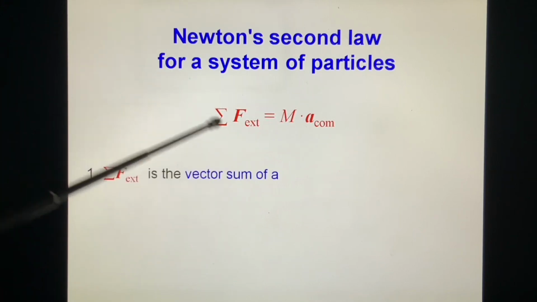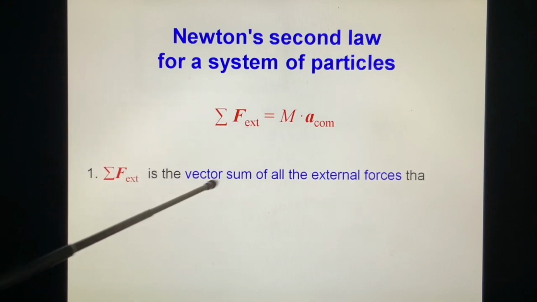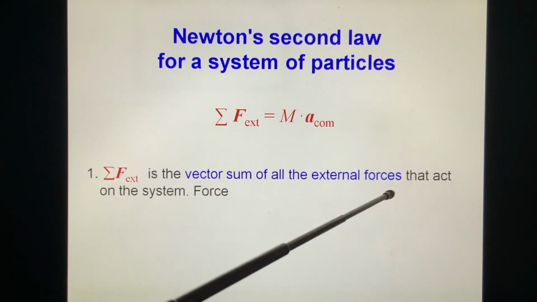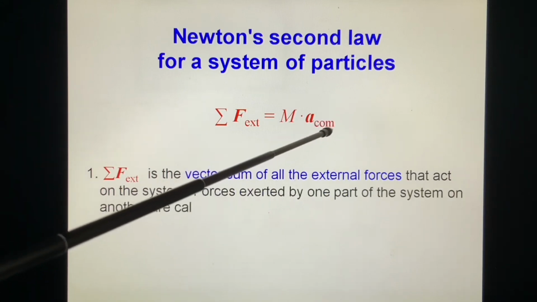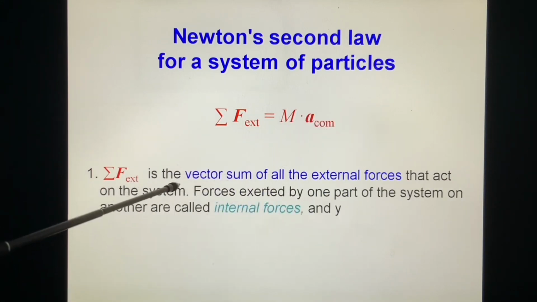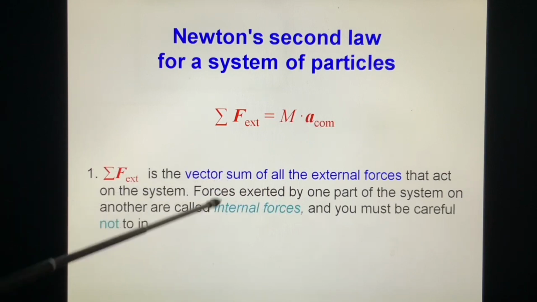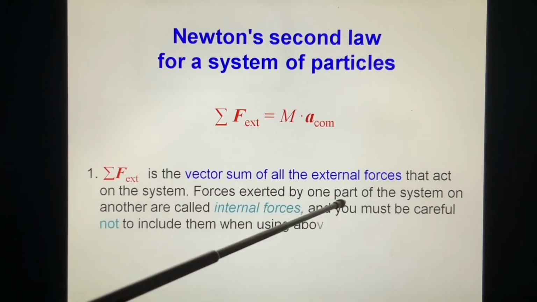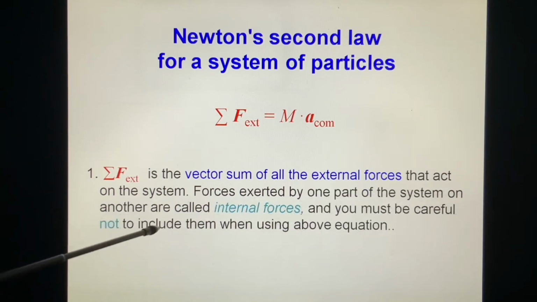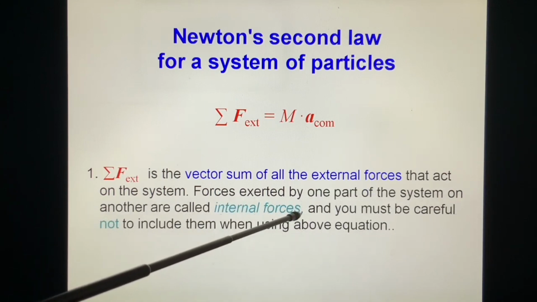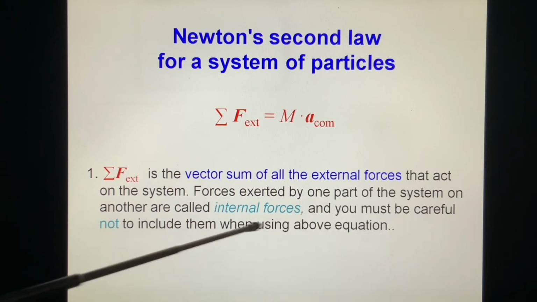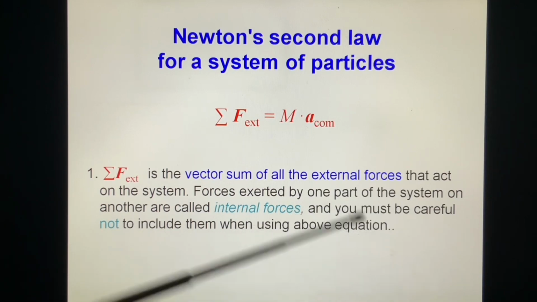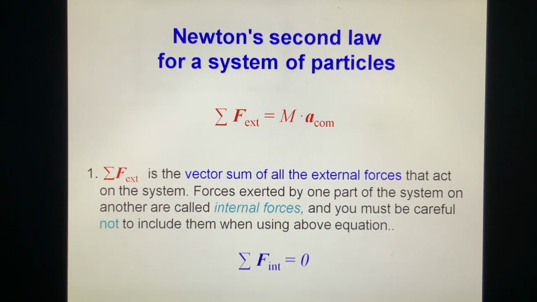First, sigma F external is the vector sum of all external forces that act on the system, not necessarily on the center of mass, but on any particle. Forces exerted by one part of the system on another are called internal forces, and you must be careful not to include them when using the above equation, because sigma F internal equals 0. We have explained this before.